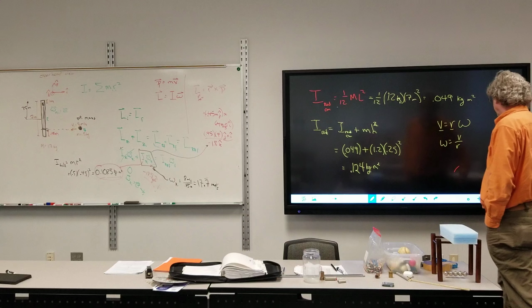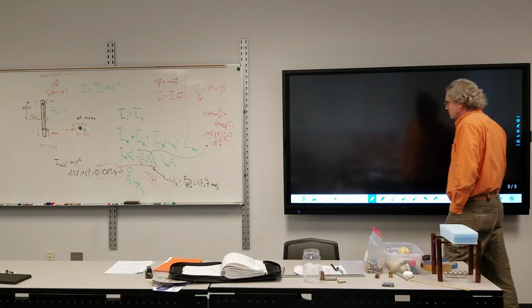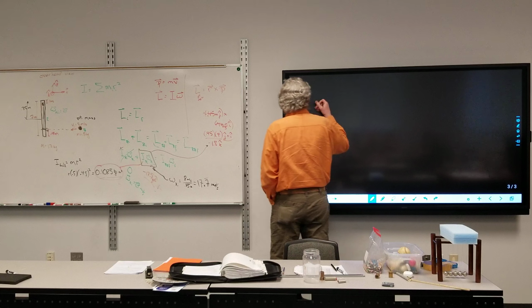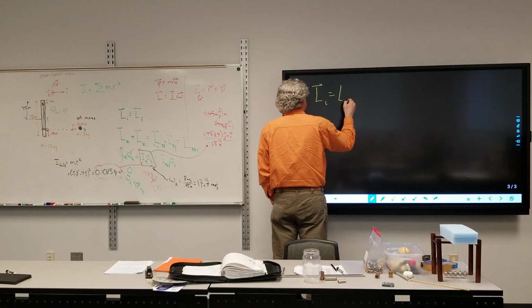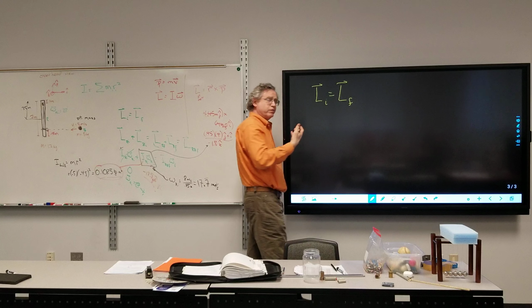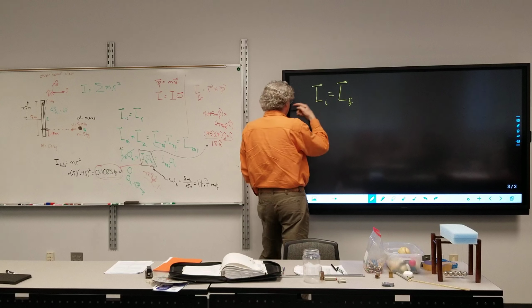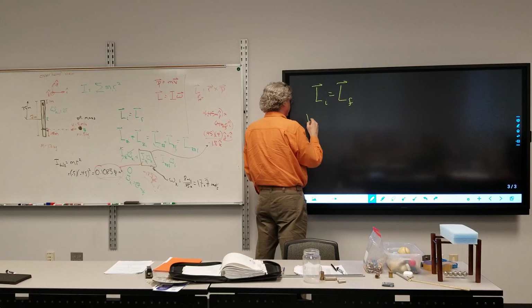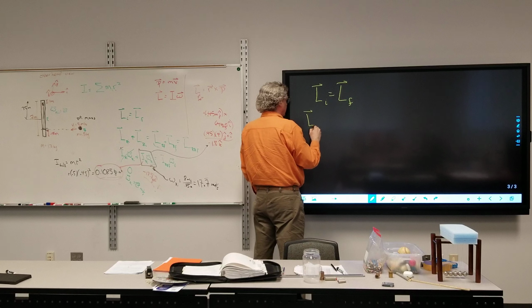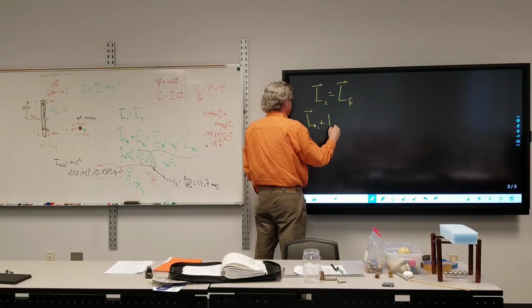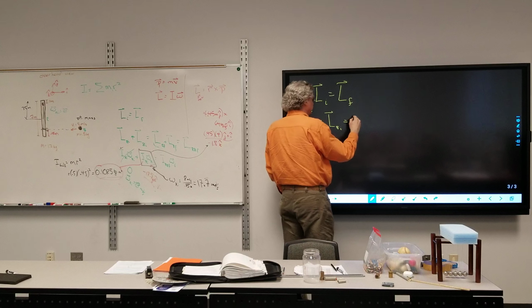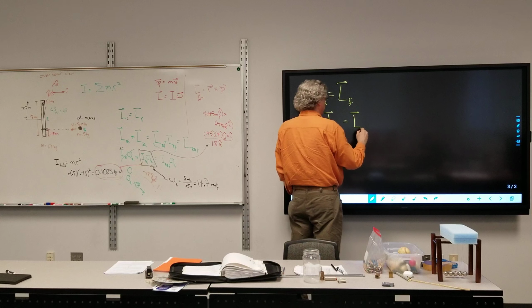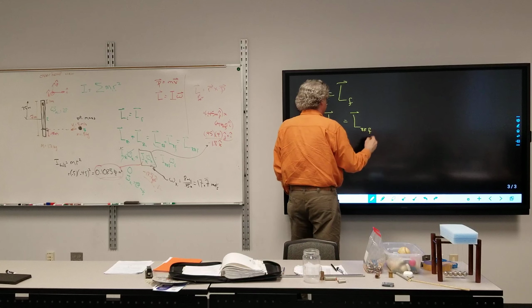All right, let's recap here. Conservation of angular momentum. I have two objects, so this is L rod initial plus L ball initial is equal to L ball and rod sticking together, final.